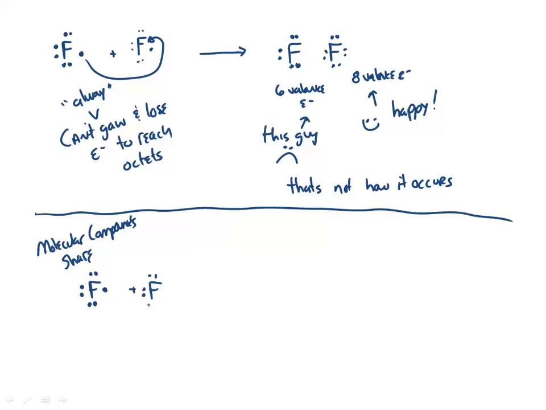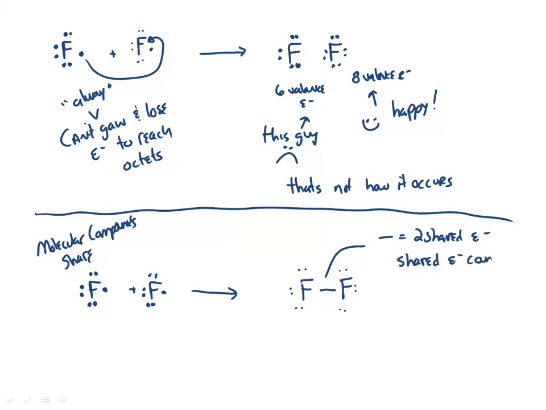is the starting point's the same. We just have a bunch of fluorines. But now we show that the fluorines share one set of electrons between them. So remember that line equals 2 shared electrons. And then the way we count the valence electrons is shared electrons count towards both atoms.